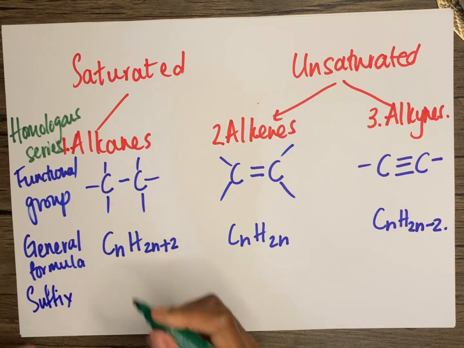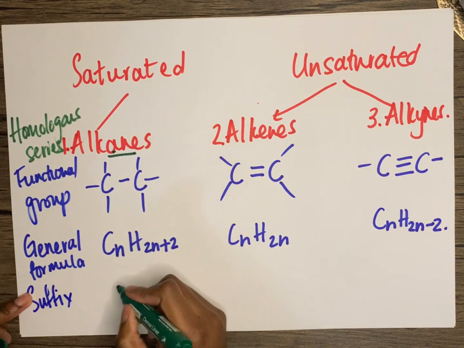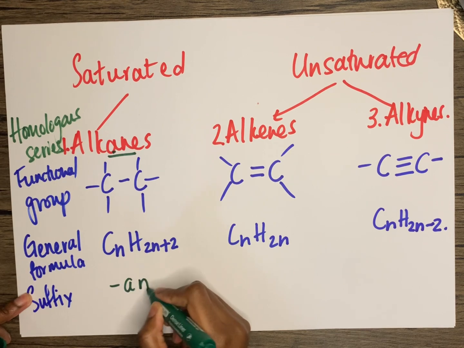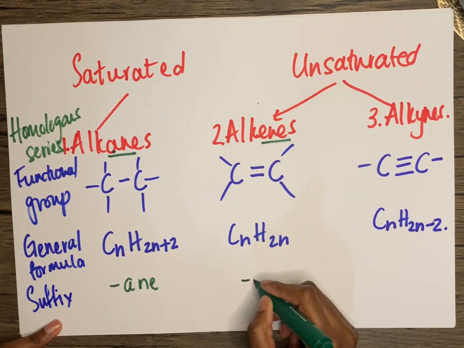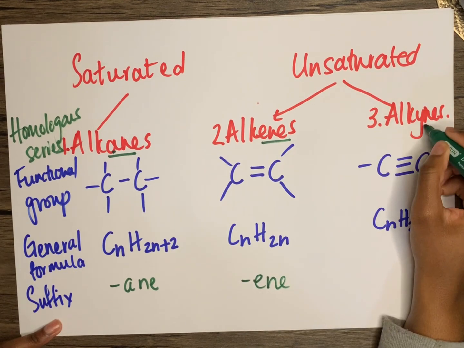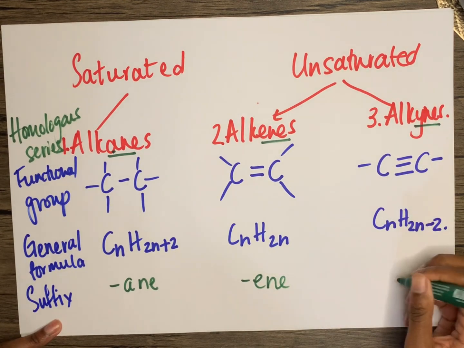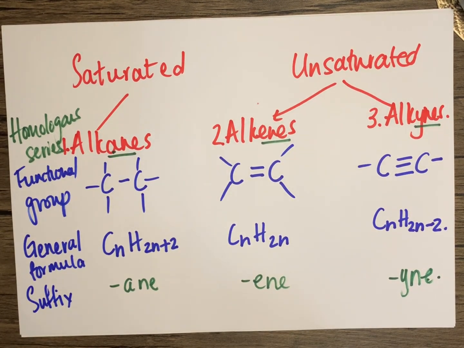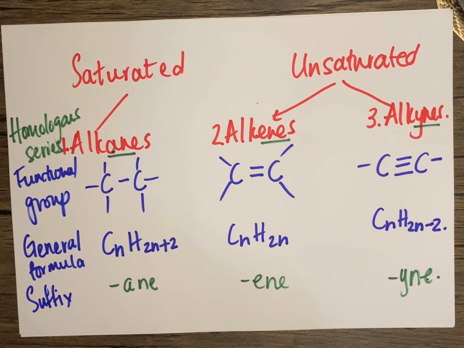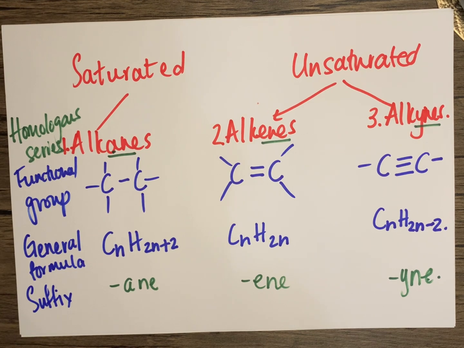So I always say it's good for you to know the suffix for each. The suffix for alkanes is ane. The suffix for alkenes is ene. And the suffix for alkynes is ine. Right? Now going back to what I showed you, the molecule I showed you had 2 carbon atoms.